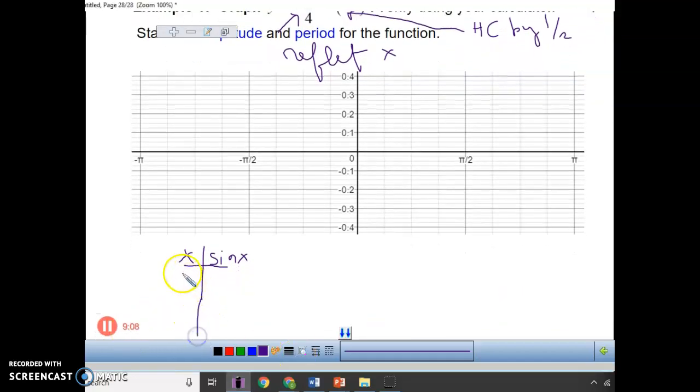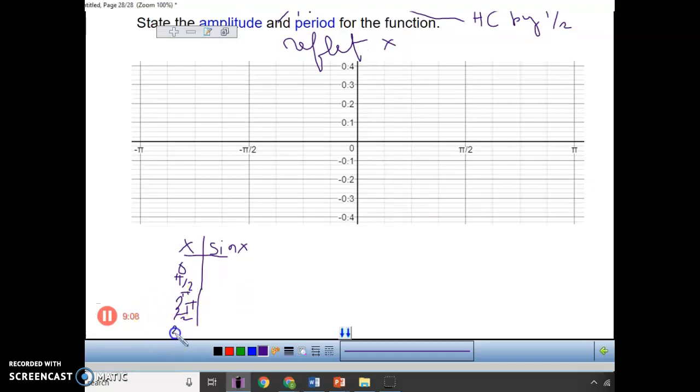So those were your 0, pi over 2, pi, 3 pi over 2, and 2 pi. So if I go through those points, the sine of 0 is 0, the sine of pi over 2 is 1, the sine of pi is 0, the sine of 3 pi over 2 is -1, and the sine of 2 pi is 0. So these will be my 5 key points that I'll use to transform.